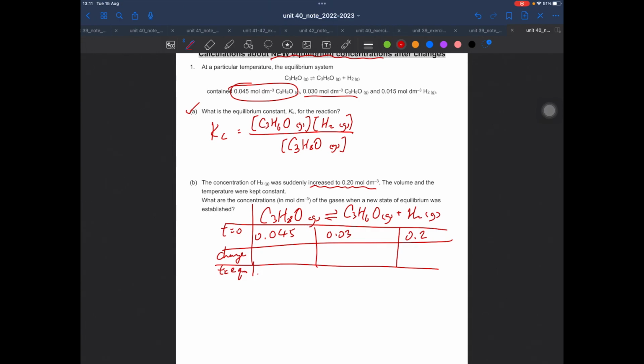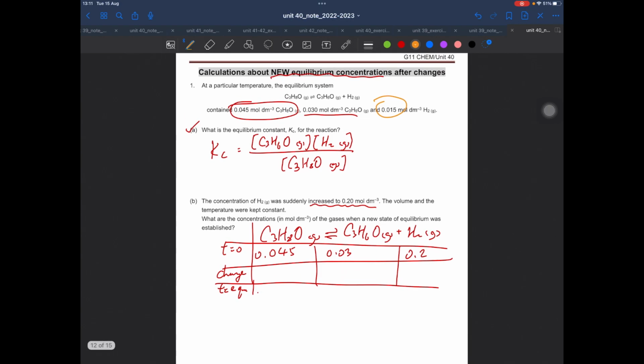So in order to find the values, originally this is 0.15. So now you can see we got more. So we can expect this one is more, so it should shift to the left, right?